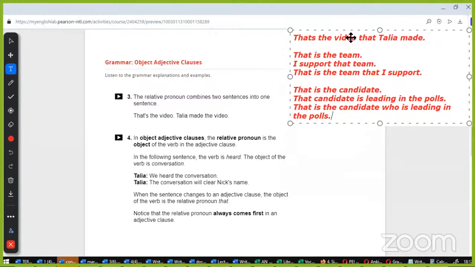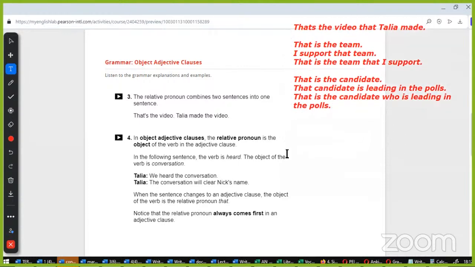So here, how would you join these two sentences?